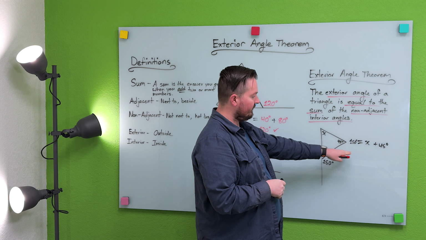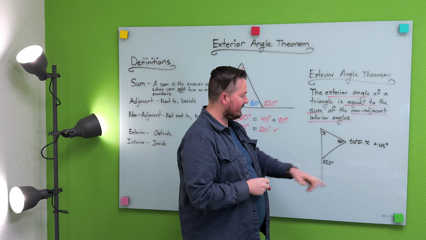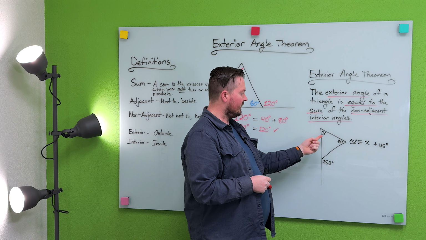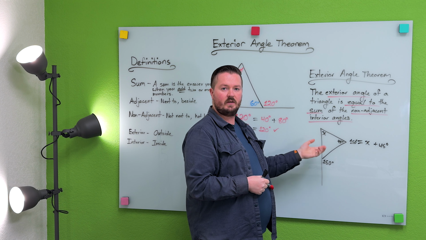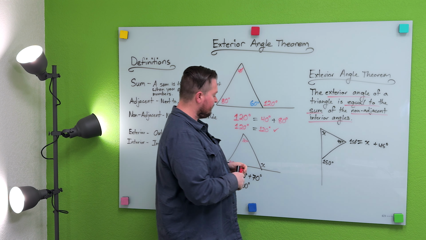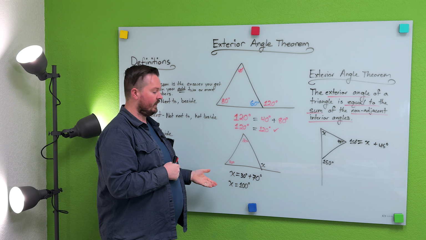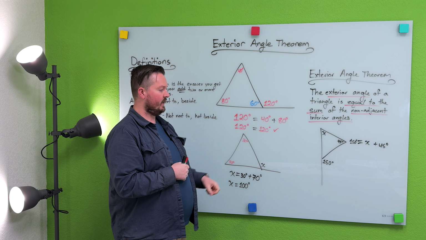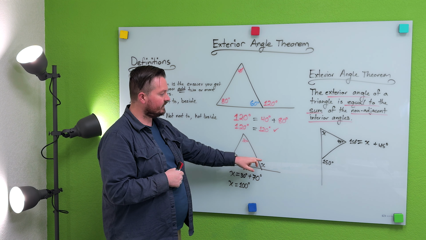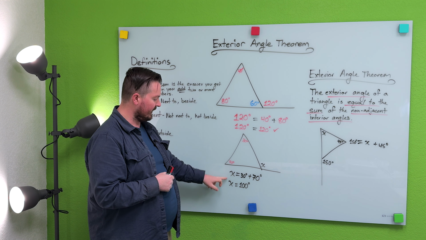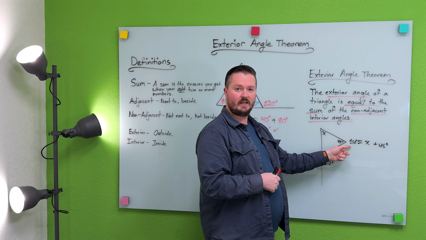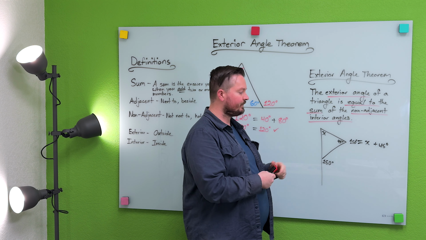Now we have an equation, but notice that the x is in a different position because the unknown angle is one of the interior angles, whereas in the previous triangle, the unknown angle was the exterior angle. The exterior angle is always by itself when we're using this theorem.